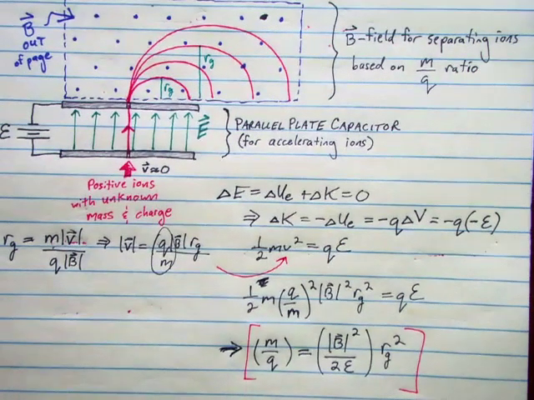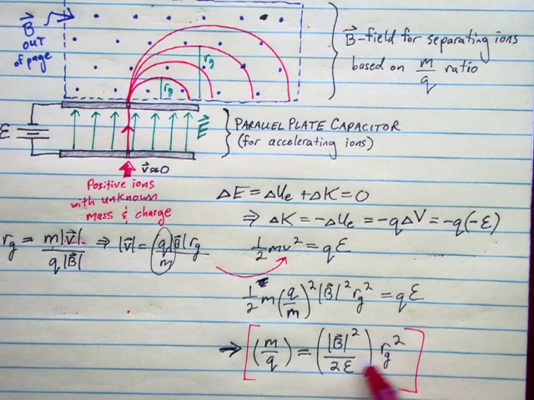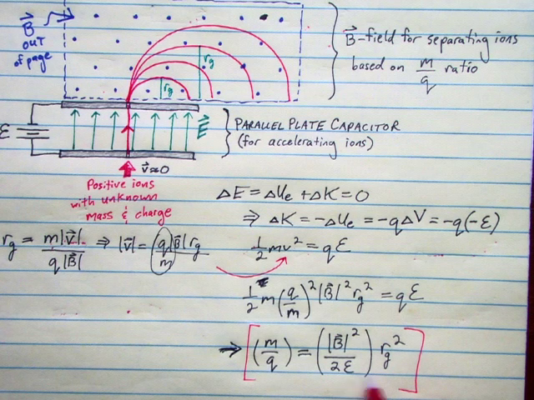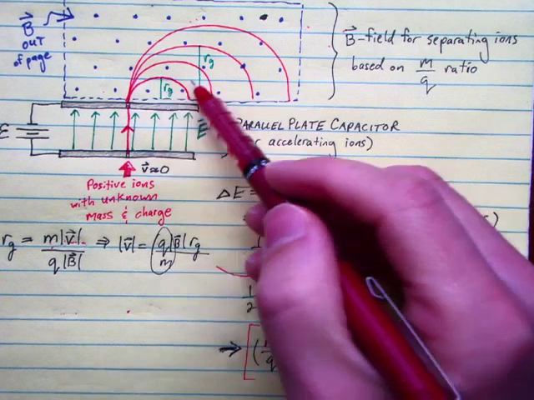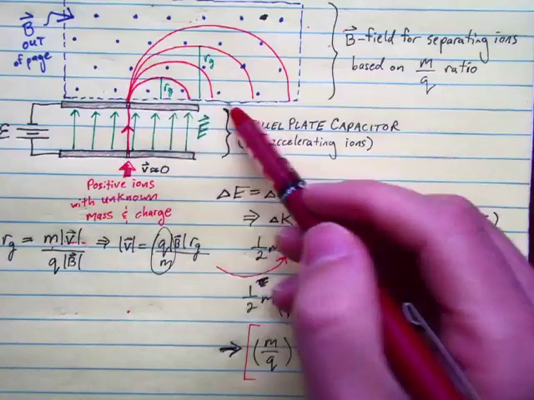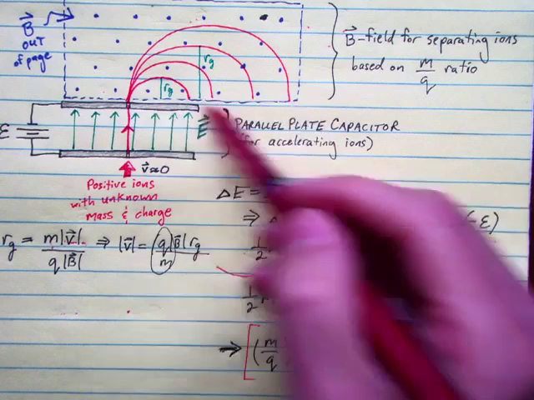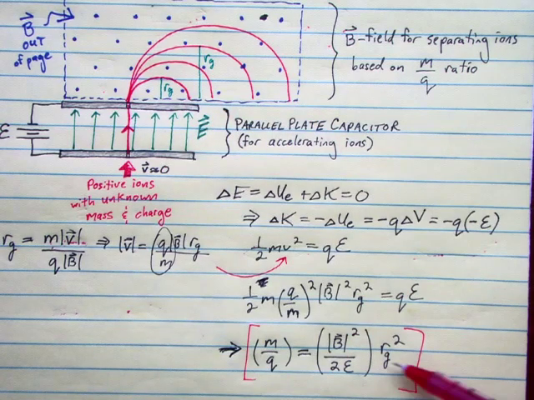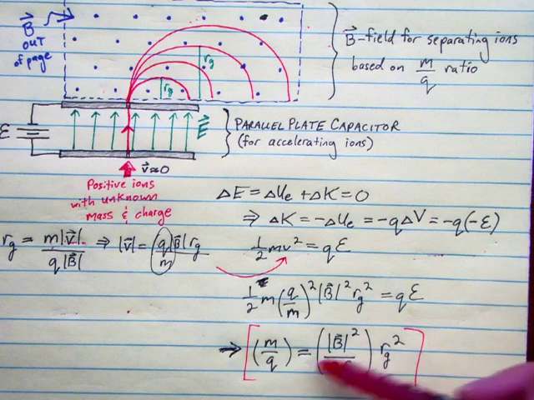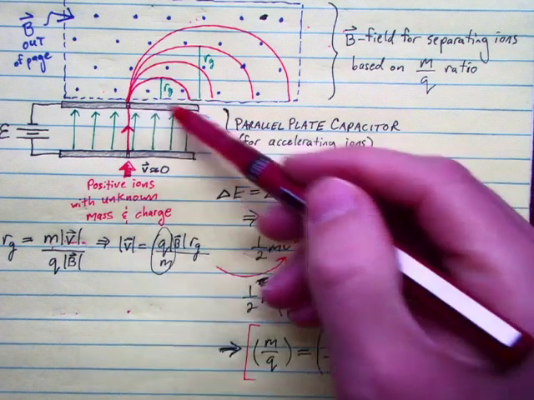So the value of this result is that if in our device we have a known magnetic field, a known EMF, and we're able to measure the gyro radii of these different paths based on recording where these particles impact on some fluorescent screen over here, then we can determine the mass to charge ratio of each particle.